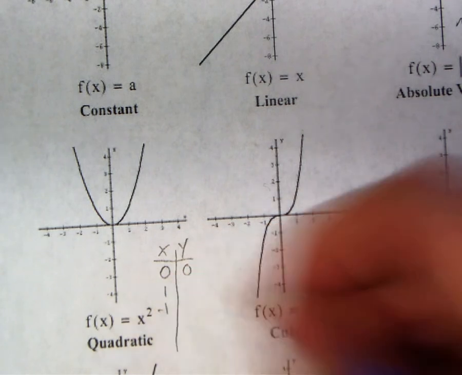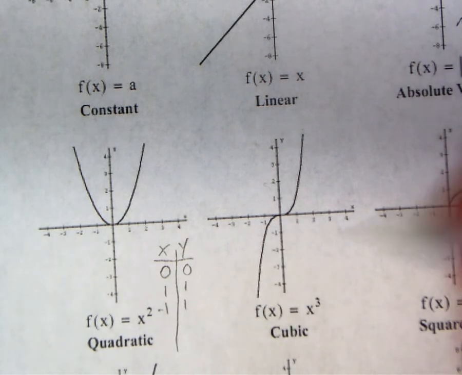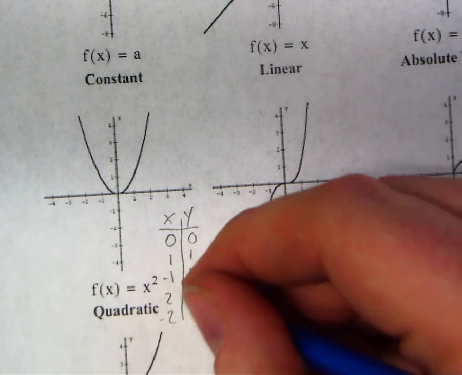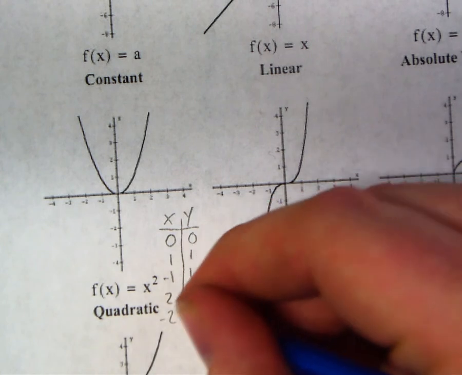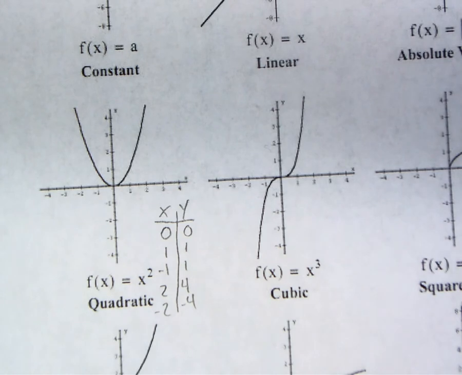At positive 1 and negative 1, we just have positive 1 and positive 1. And we also had 2 and negative 2. Those just go to 4 and 4. So it starts to get this exponential type growth, but it keeps that symmetry going on both sides of its vertex.